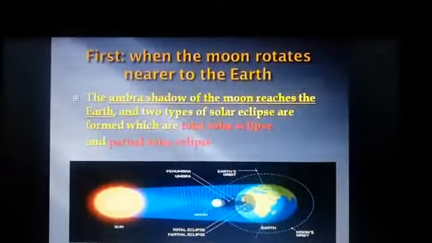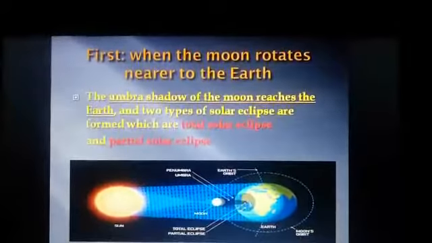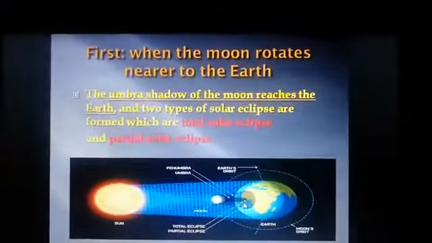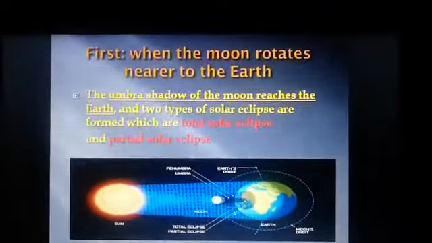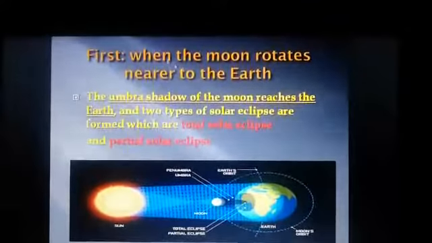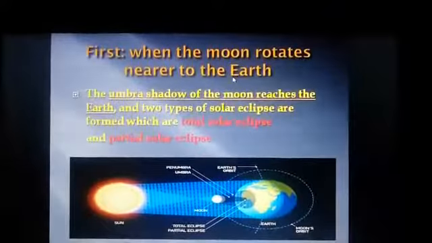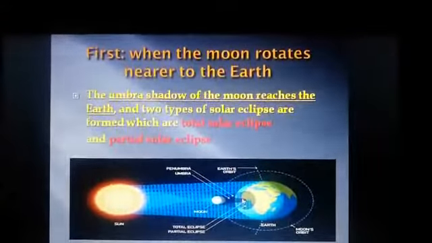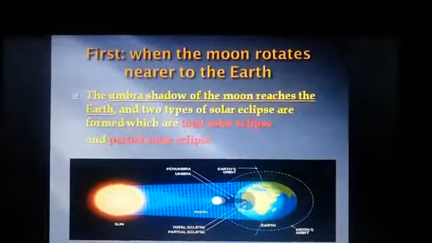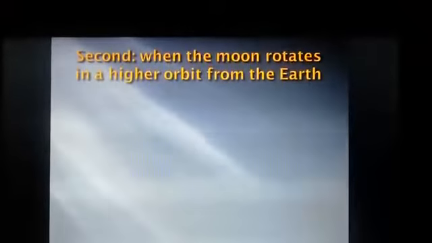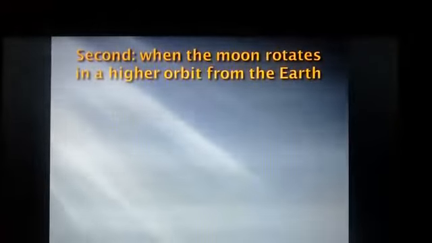And in the penumbra shadow here, people on the earth can see only a part of the sun. This type is known as partial solar eclipse. So, when the moon rotates nearer to the earth, it forms two types of eclipse, which are total solar eclipse and partial solar eclipse.